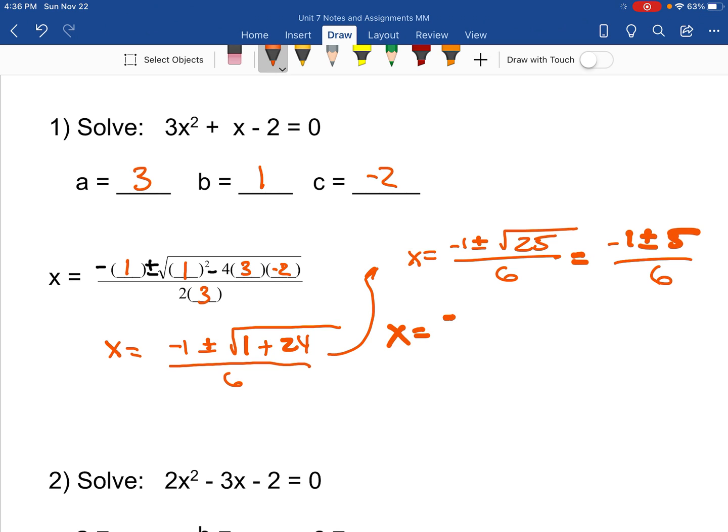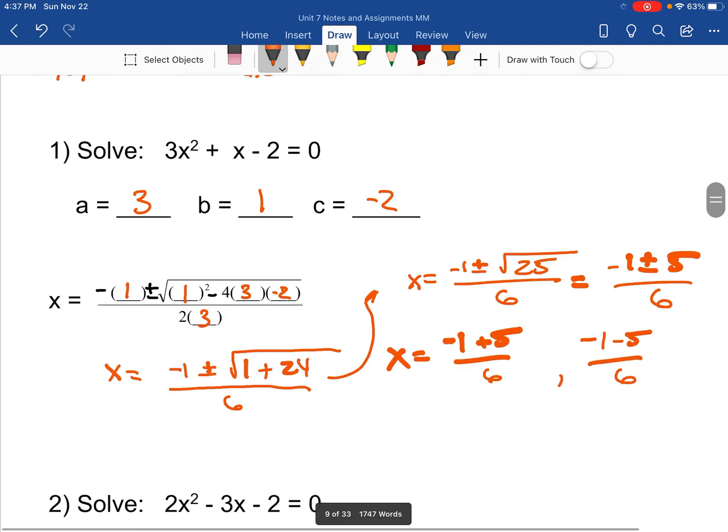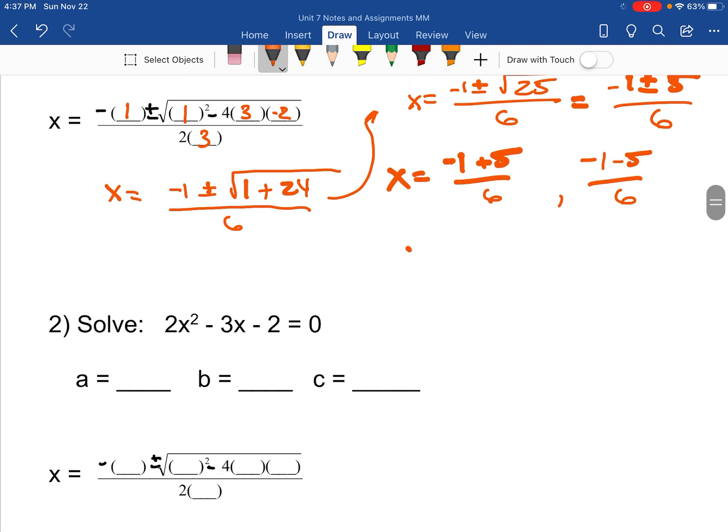So I get negative 1 plus 5 over 6 is one of my answers. I get negative 1 minus 5 over 6 is another answer. Okay, so negative 1 plus 5 is 4 over 6, which is 2/3.